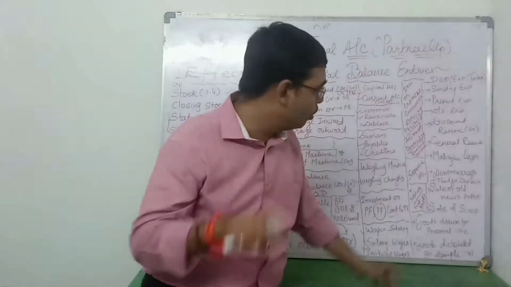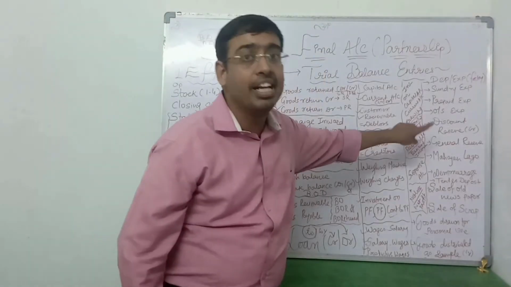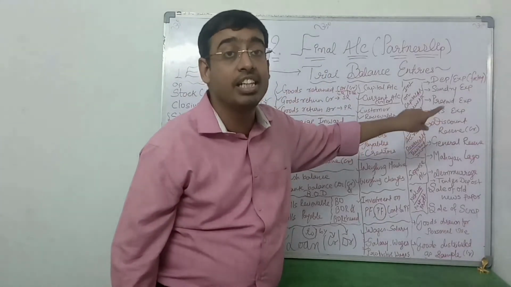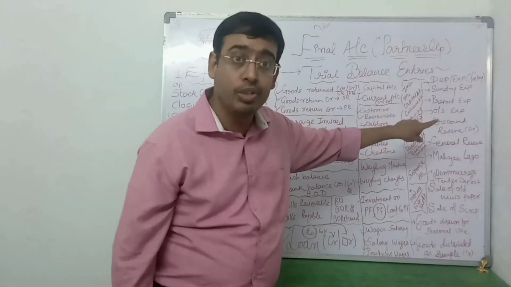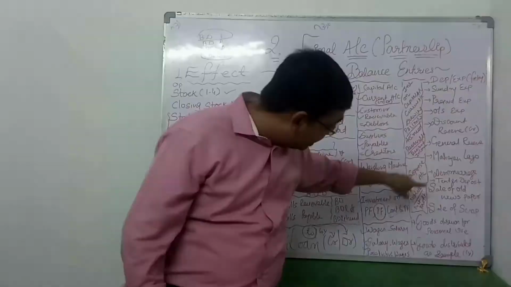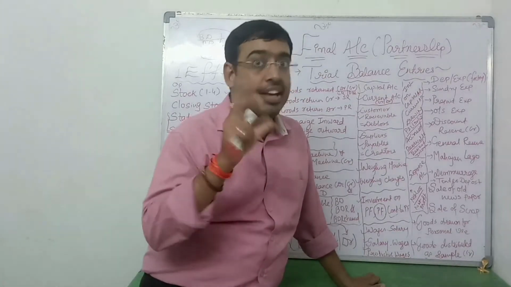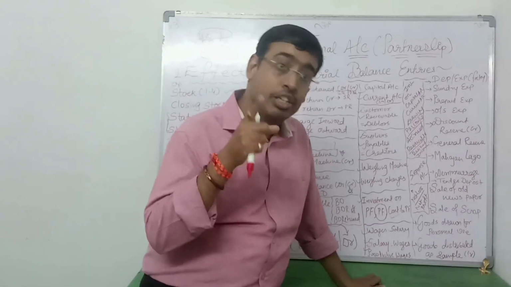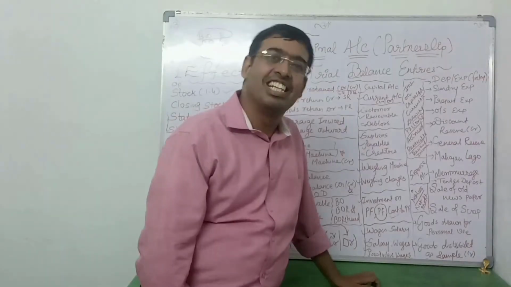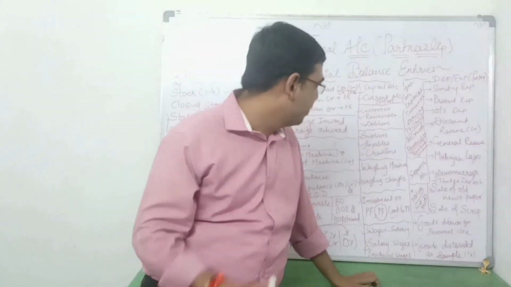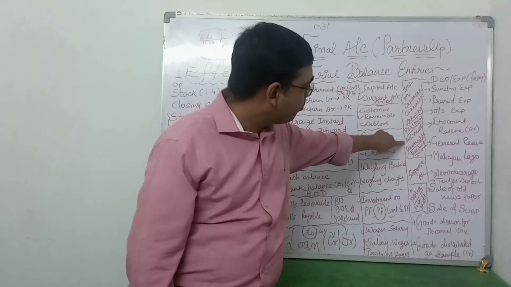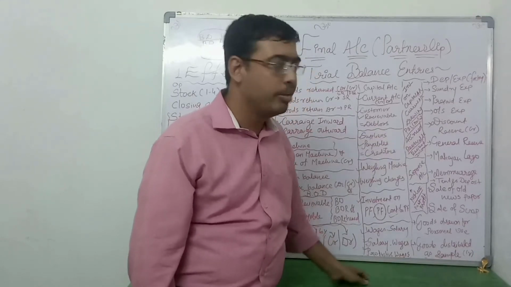Clear, better understood? This P&L debit and credit is net loss and net profit which you need to write. However, if net loss and net profit is given directly, something is wrong, so you need to check it. Clear? Okay.